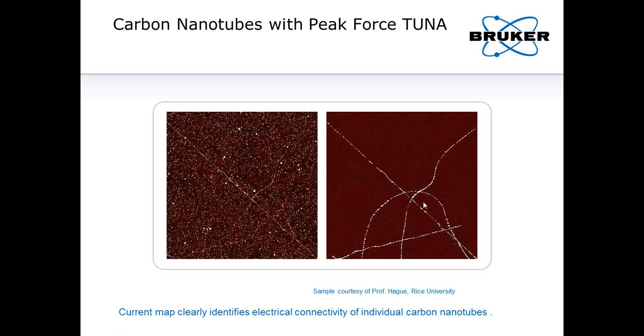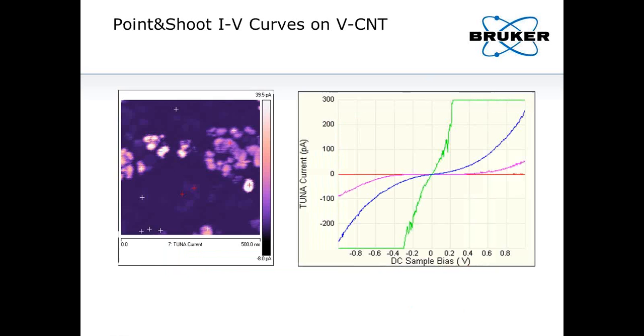On the right, if you measure the conductivity, you can only see current along the carbon nanotubes because they are conductive. The rest of those particles are insulators, so you don't see current. So you can get a current map, or conductivity of the sample, again on a nanometer scale.